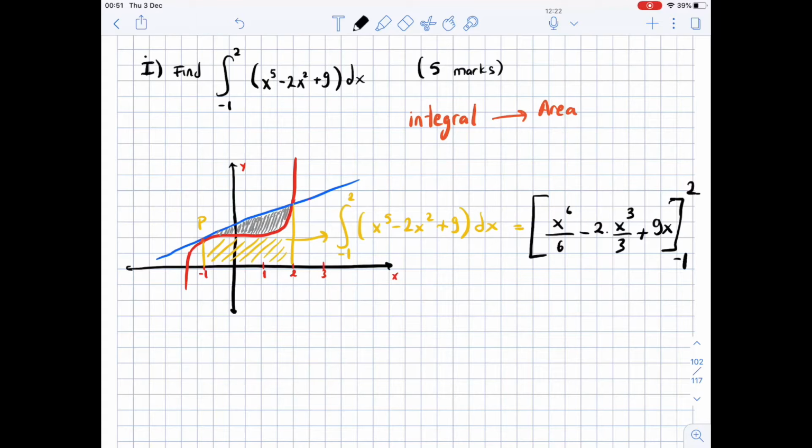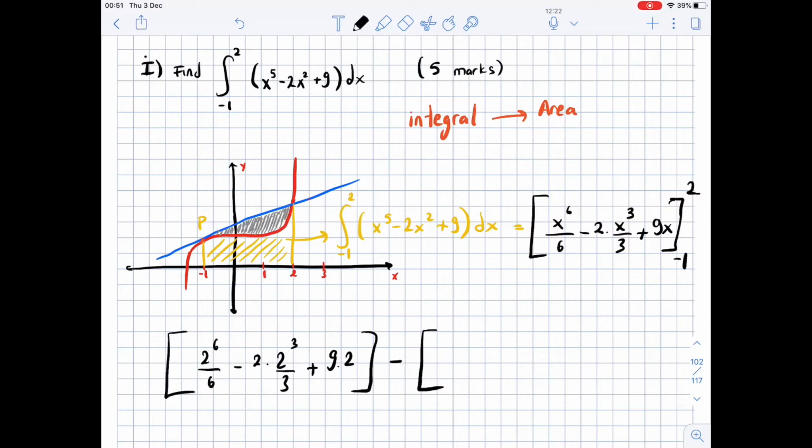2 to the power of 6 divided by 6 minus 2 times 2 cubed divided by 3 plus 9 times 2. We take away after replacing -1.